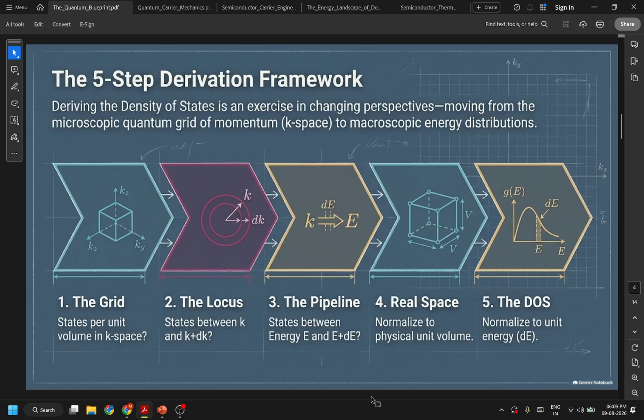Then you convert that to energy, which gives you the number of states between energy E and E plus dE. Then you normalize it to your physical unit volume, and to the unit energy dE, which gives you the density of states.